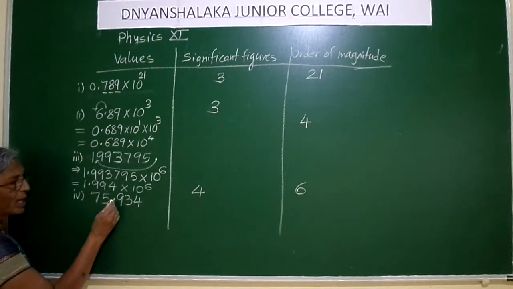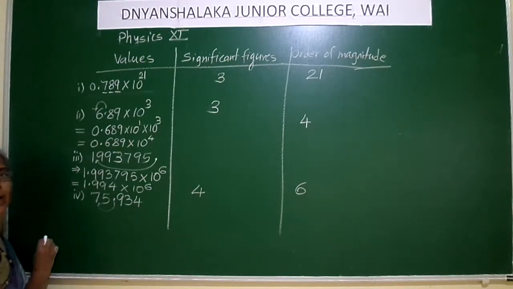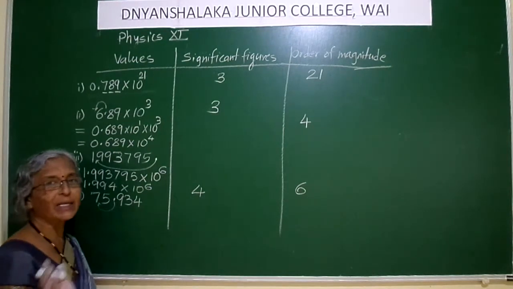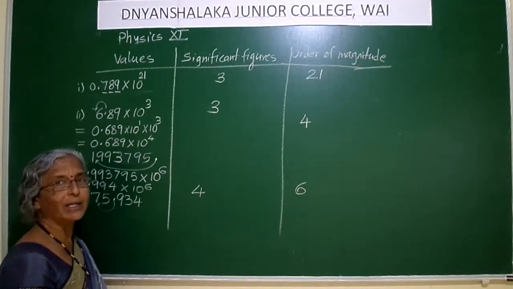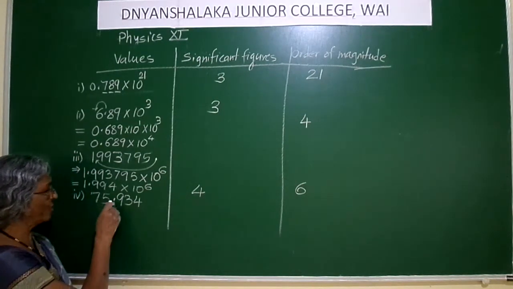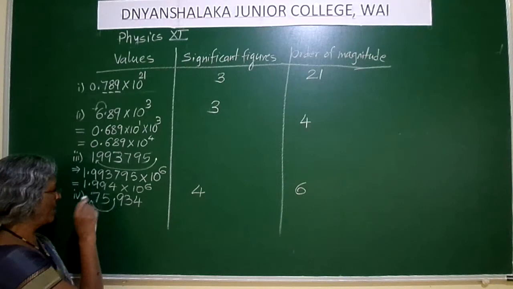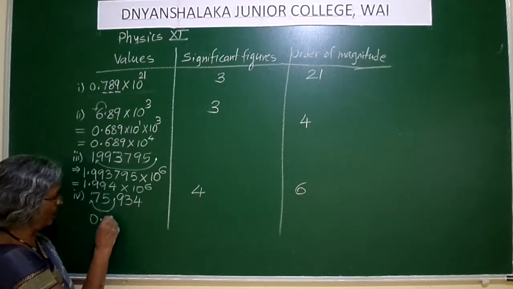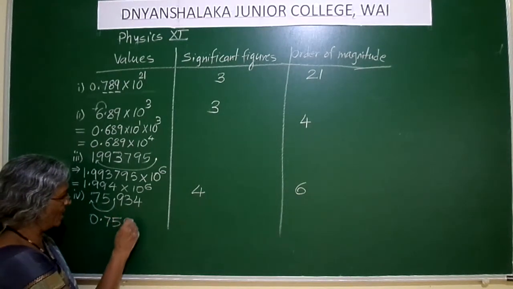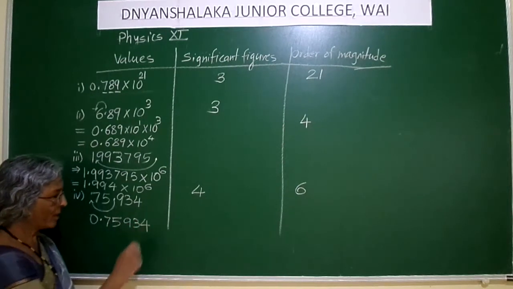In this, if I shift the decimal point from here to here, it becomes 7.5. But 7.5 again is greater than 5. So I will have to shift the decimal point from here to here. So this becomes 0.75934. Correct?